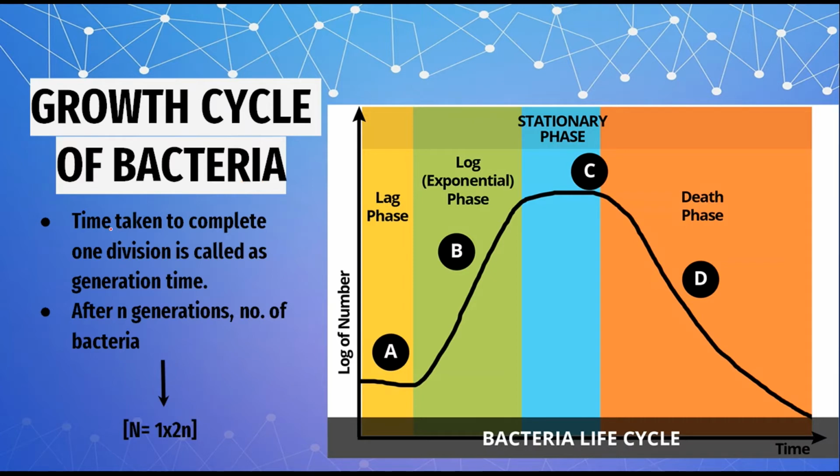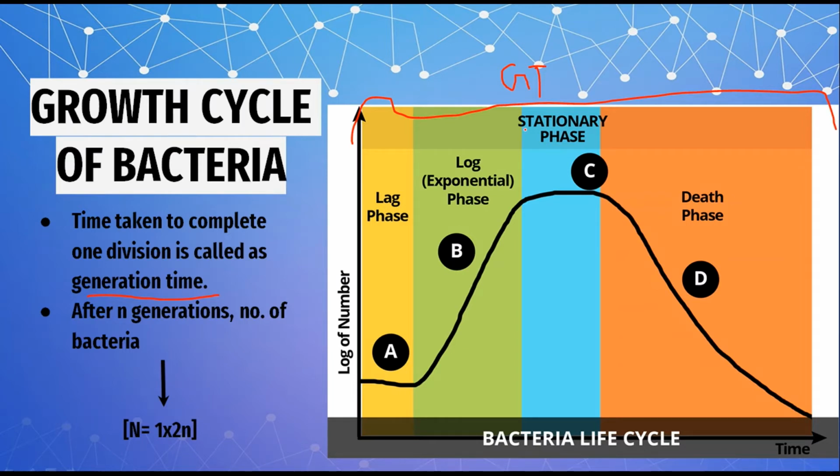Next we have the growth cycle of bacteria. The time taken to complete one division is called the generation time. As you can see in the figure, this is the time to complete one division. The whole graph shows it, so what will we call it? We will call it the generation time. There are a total of 4 phases. First is the lag phase, then the log phase, which is also called the exponential phase, then the stationary phase, and then the death phase.